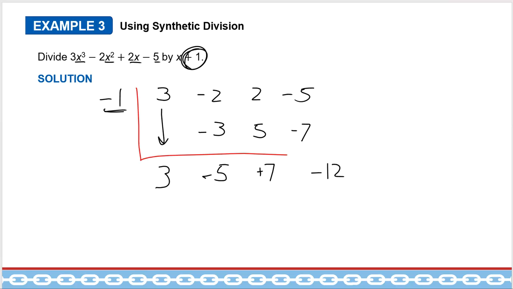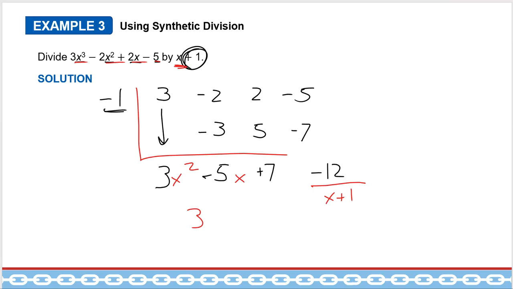I can start passing out the exponents from up here. However, because I divided them by x, they're all going to decrease by 1. So x squared, x, this +7 is my constant, and this is going to be my remainder.